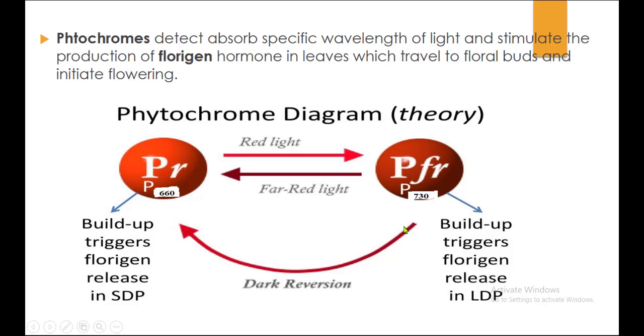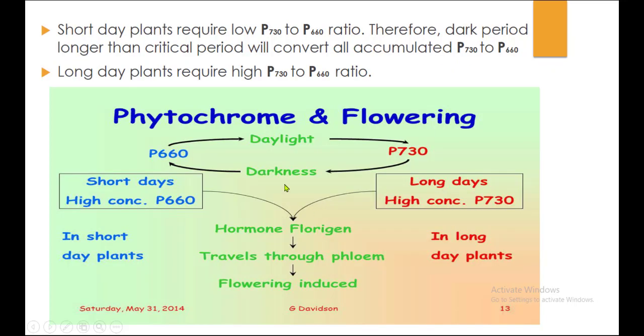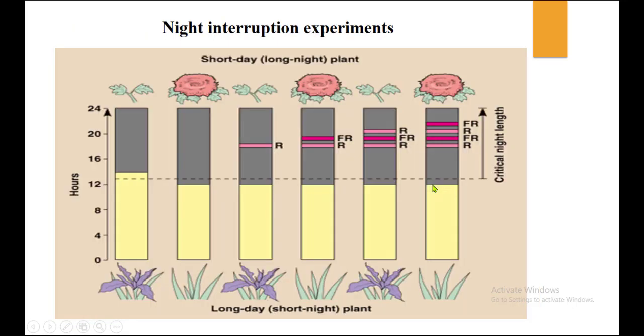And if the dark period is short, as in the case of long day plants, less of the P730 is going to be converted into P660. A shorter dark period is favorable for long day plants because a high concentration of P730 is important for long day plants. I hope this was clear.